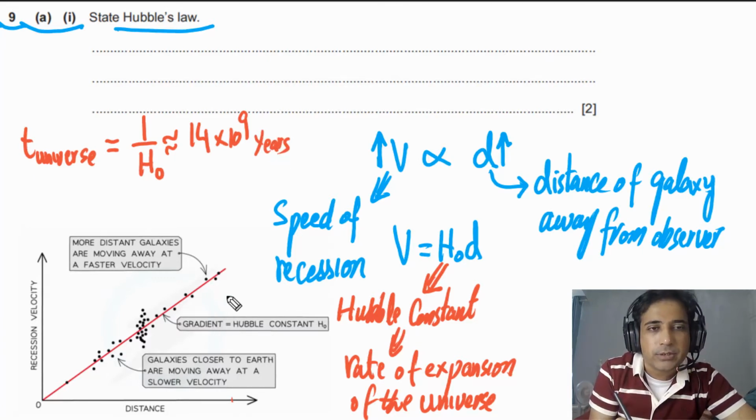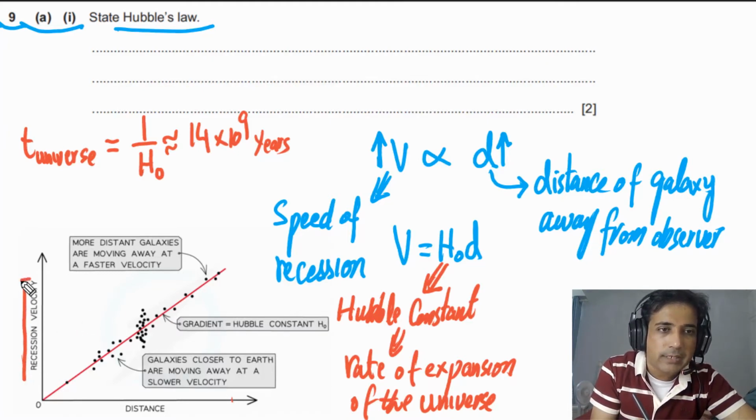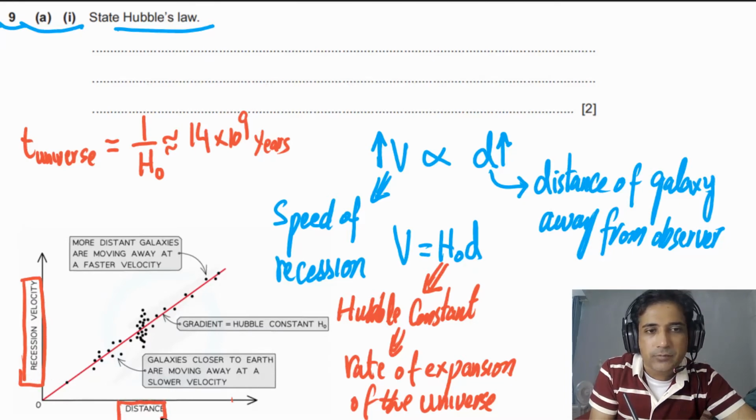Now let's try to understand Hubble's law with the help of this graph. You can see on the y-axis we have recessional velocity, and on the x-axis we have distance. If you look at these distant galaxies, let's say this galaxy, you can see this galaxy is further away from us. It has a greater value of distance, and it also has a higher value of speed.